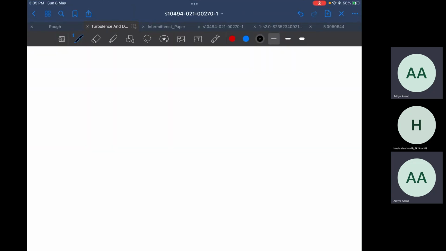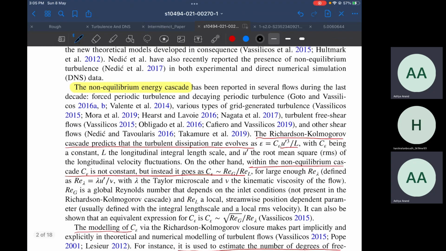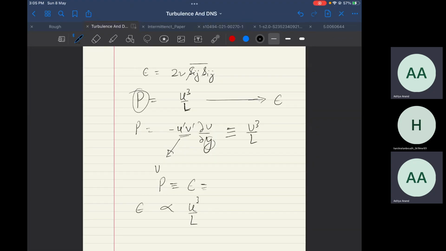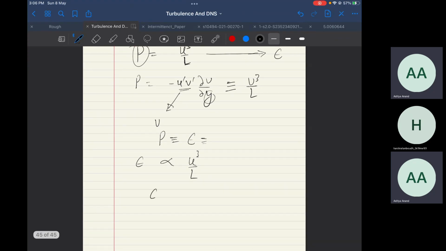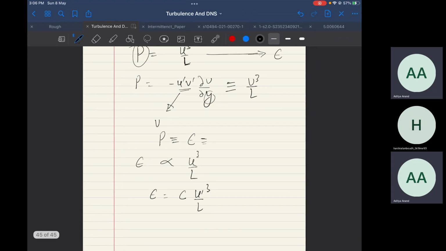So that's what they are trying to see here. They have said, let's say that my dissipation is C times U prime cube by L. Now, as per this theory, your C should be a constant.